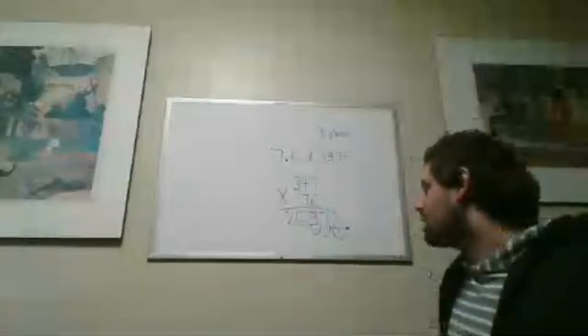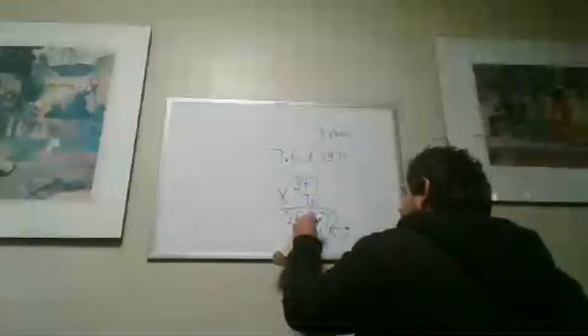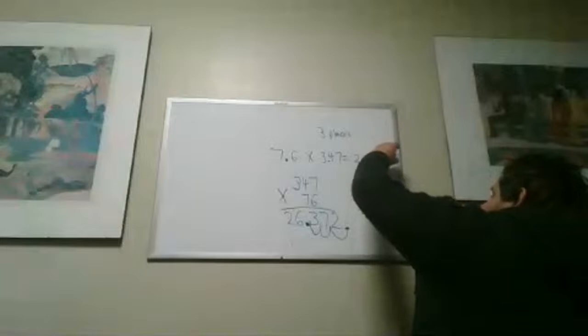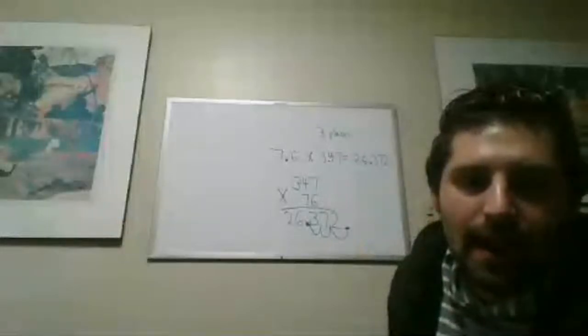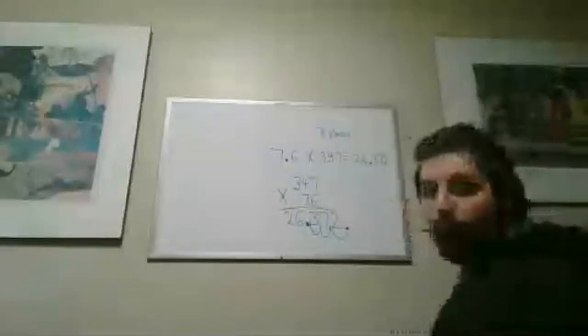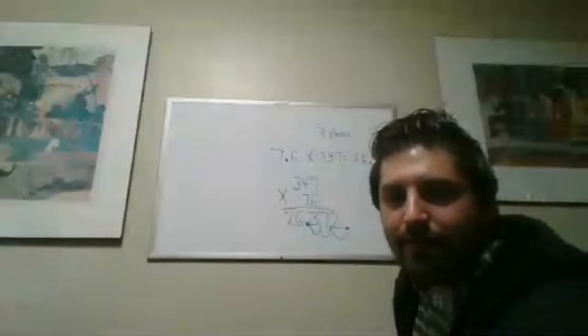So our answer, now that we've moved the decimal point to its proper place, is 26 and 372 thousandths. 7 6/10 times 3 and 47 hundredths equals 26 and 372 thousandths.